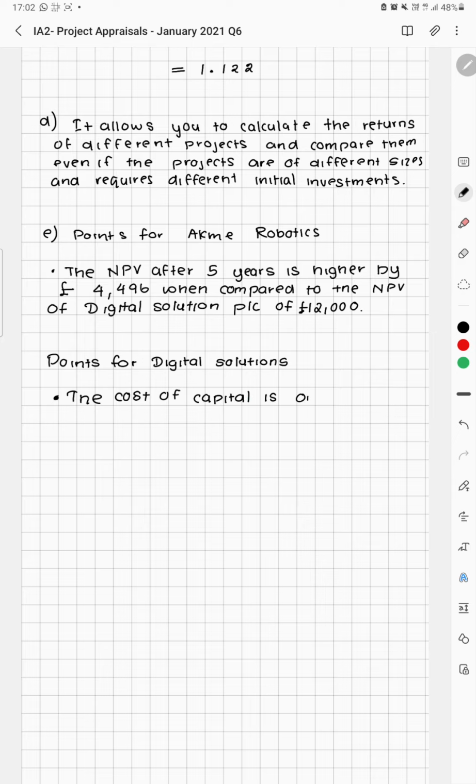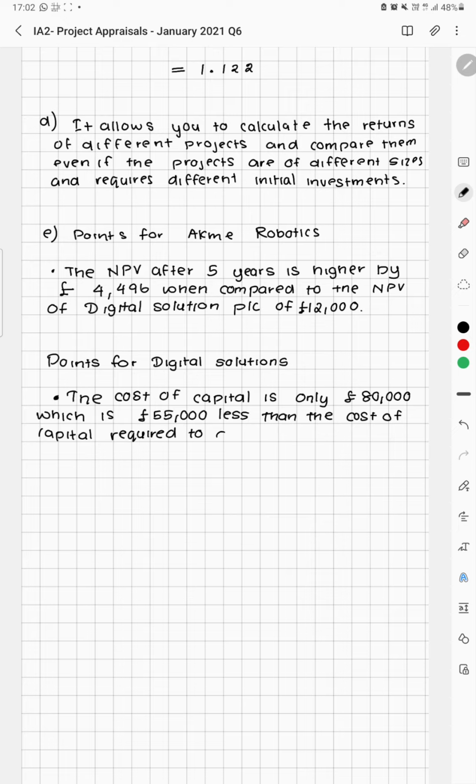is only 80,000 pounds, which is 55,000 pounds less than the cost of capital required to go ahead with the Acme Robotics project.